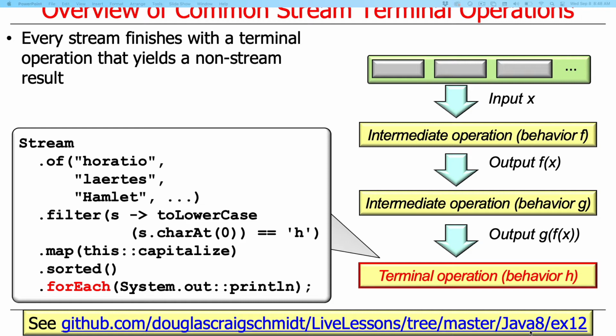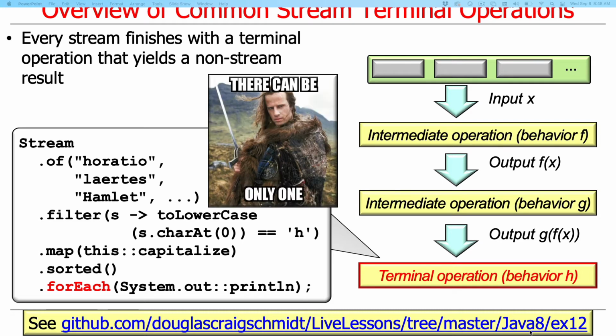Here's a very simple example using the forEach terminal operation, which we've used before in our Hamlet character capitalization and sorting program, which you can find in repository folder EX12 in my GitHub repository. That just basically terminates that stream, and we'll print out all the characters in Hamlet that start with the letter H. Remember, there can only be one terminal operation, and there must be one, otherwise the stream doesn't run.